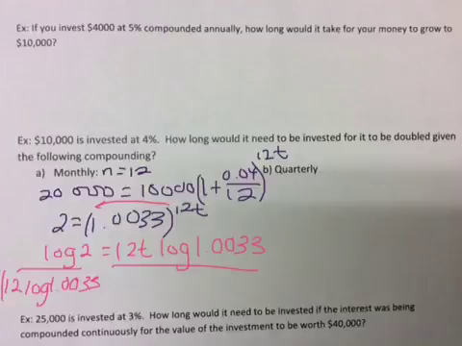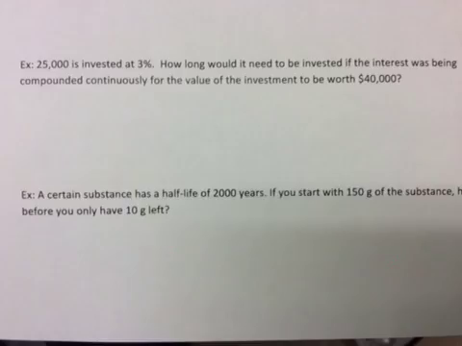So this whole thing on the bottom, you have to put that in parentheses, or else your calculator is going to be really confused. So log 2 divided by parentheses 12 log 1.0033.